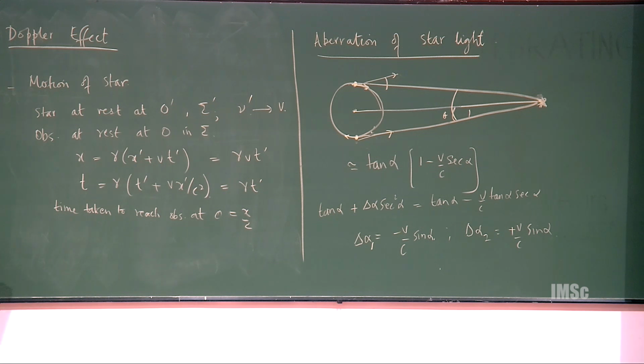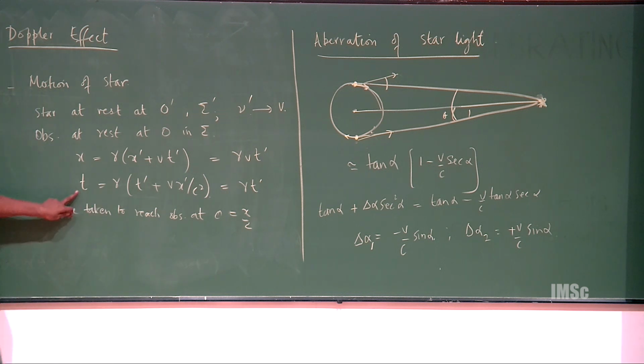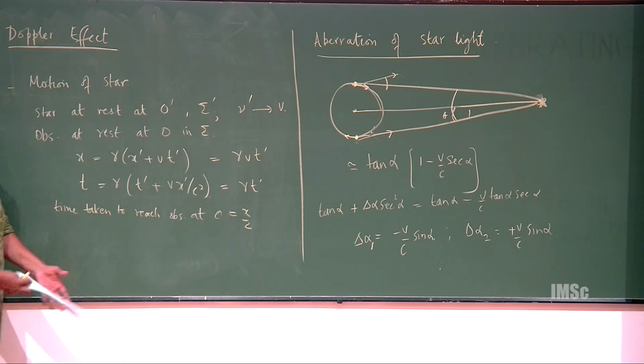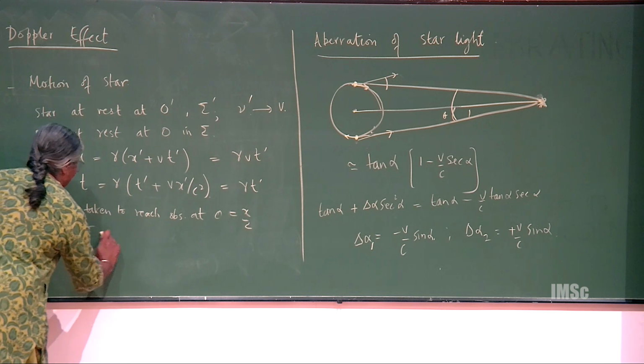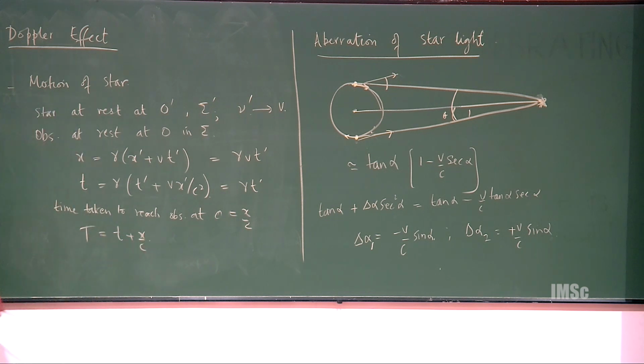So the total time taken, because already time t has elapsed, when it is reaching x, the time t has elapsed, and a further time x by c will elapse. So the total time taken to reach the observer, which I call capital T, will be small t plus x by c. Is this clear?